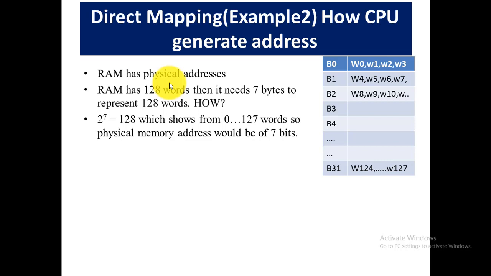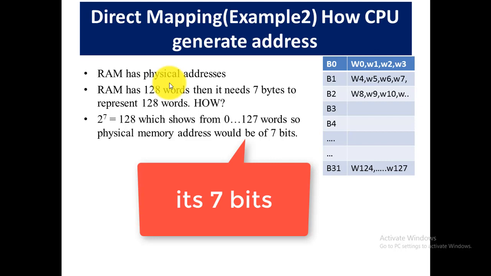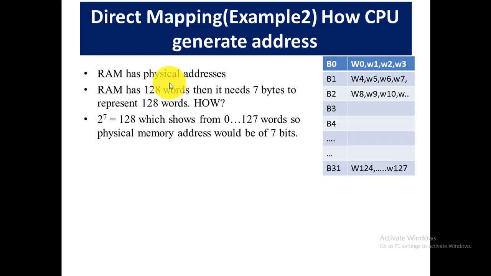So 2 raised to power 7 is equal to 128, which covers 0 to 127. It means 128 words need 7 bits to be shown in the memory. It starts from 0 and ends at 127. So the physical memory address would be of 7 bits.